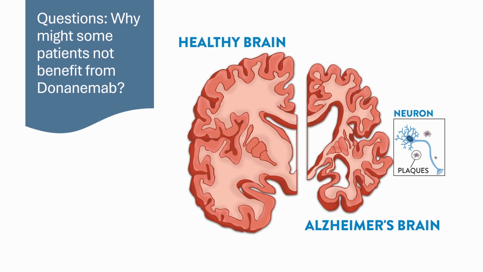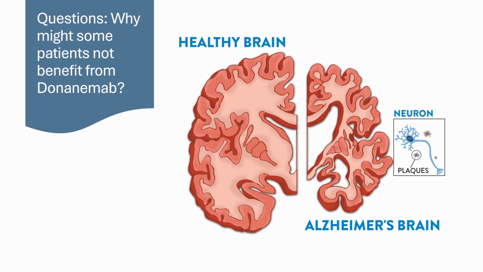We might want to ask, why might some patients not benefit from donanemab? And this is because once neurons already die, they cannot be restored. So in scenarios of a really progressed case of Alzheimer's disease, these permanent cells cannot be regenerated and they will be lost indefinitely.